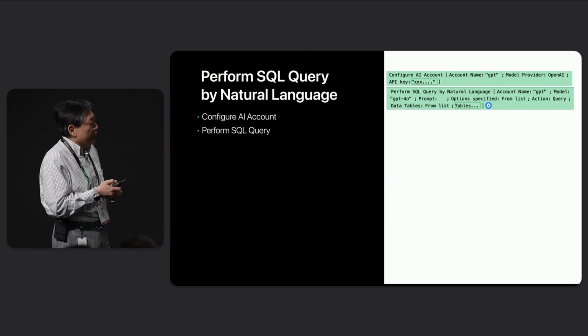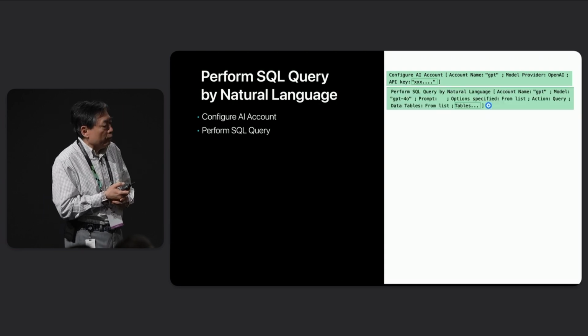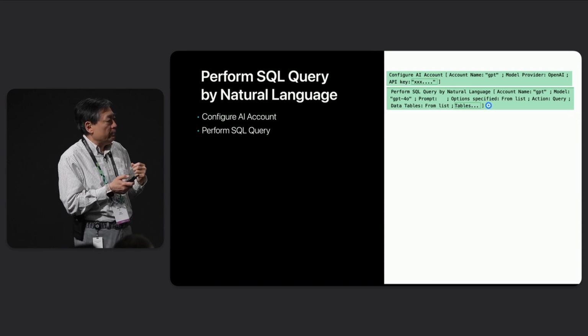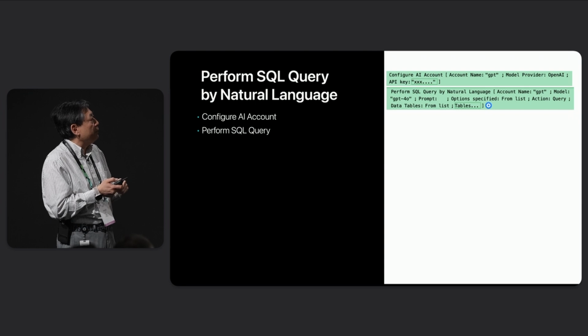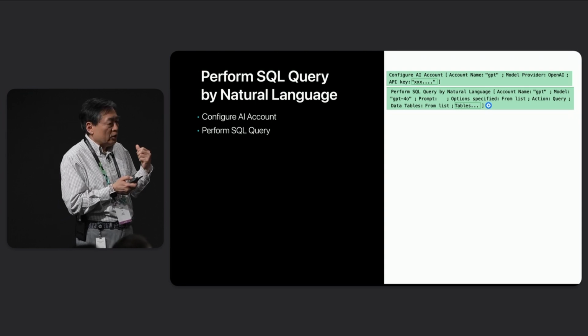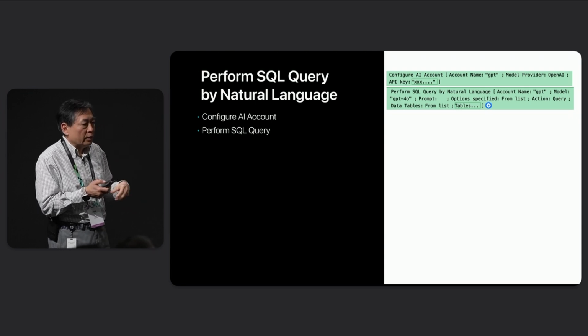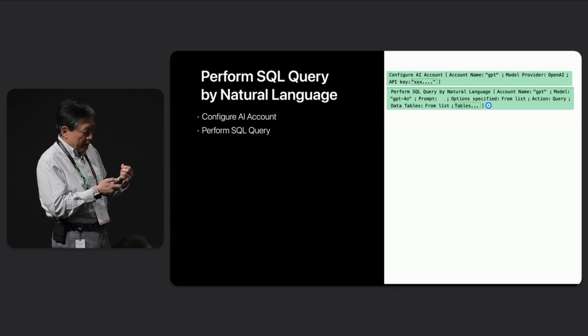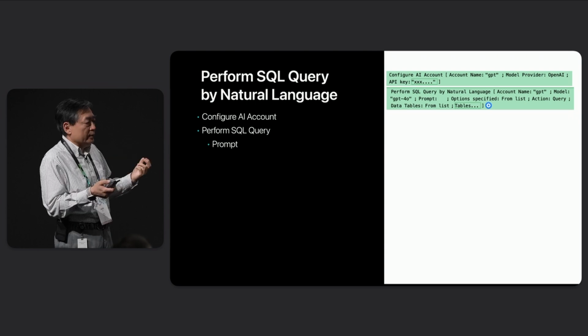And here is the Perform SQL Query by Natural Language step. In the example, for the account, I just used the GPT account which I configured before. I use the model GPT-4o, which is a popular model today. The third one, the prompt, is really the user prompt.